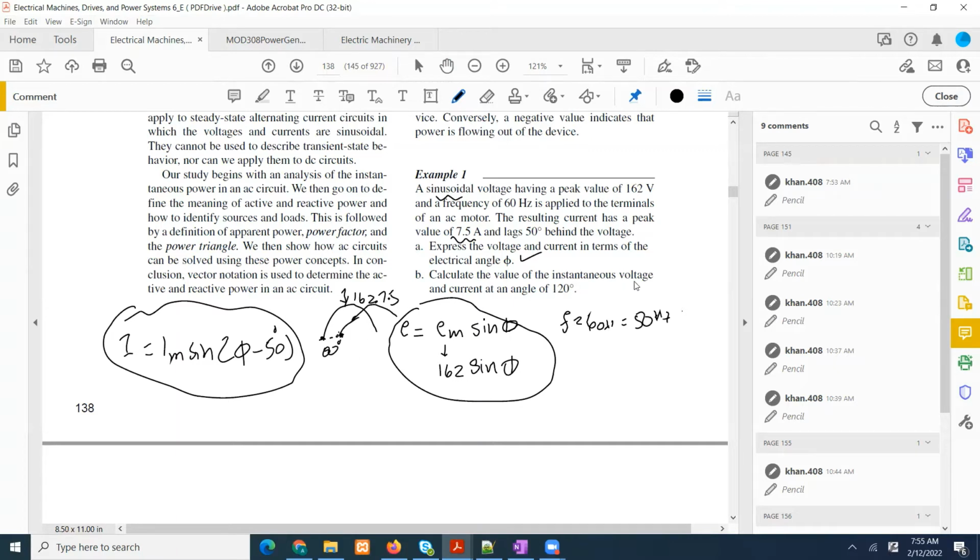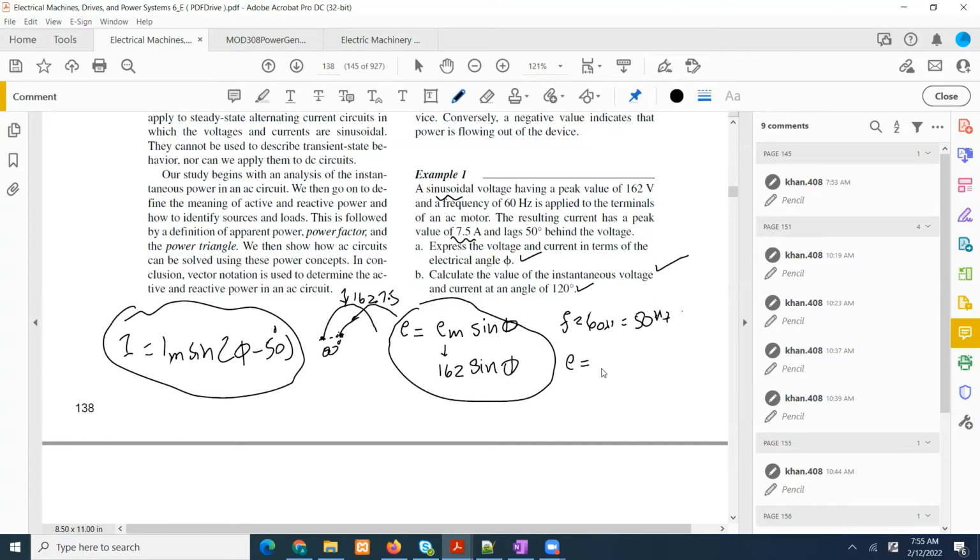Calculate the value of instantaneous voltage and current at an angle of 120 degrees. That's very easy because we already have formulas. Instantaneous means at that instant when the angle is 120 degrees. So if you already have this formula, that's easy. E, the voltage, equals Em, what is the Em?